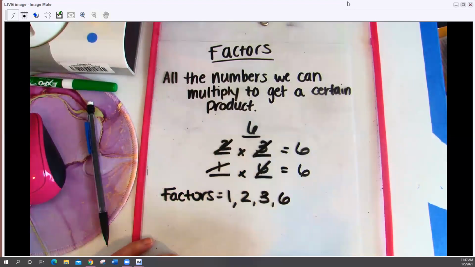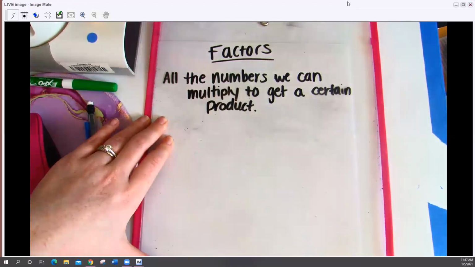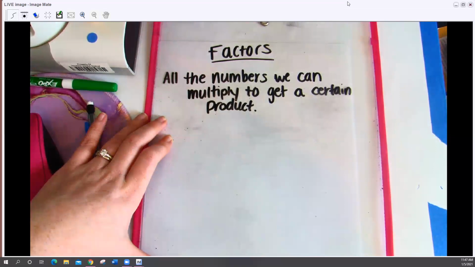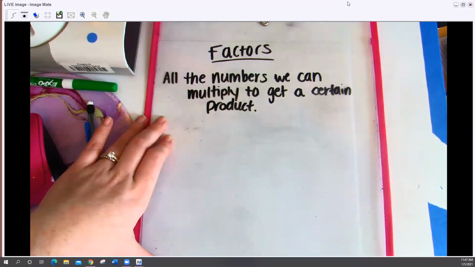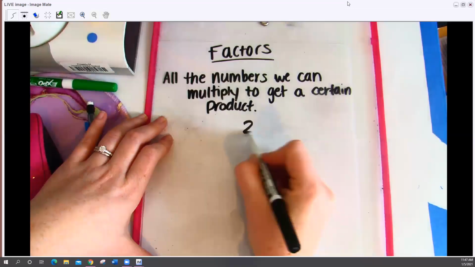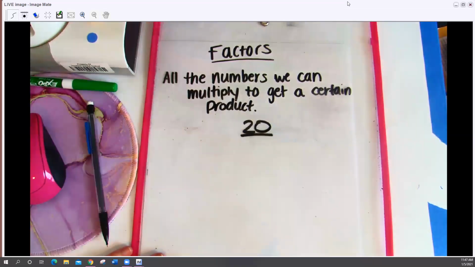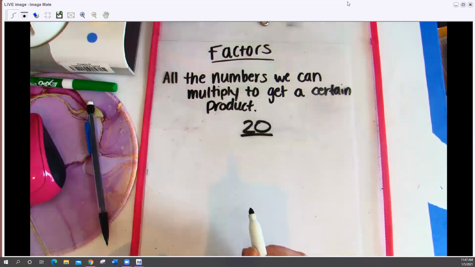I'll do one more. Let's do the number 20. Okay, so now I need to figure out all of the equations that will give me an answer of 20. So I'm going to start at the top.